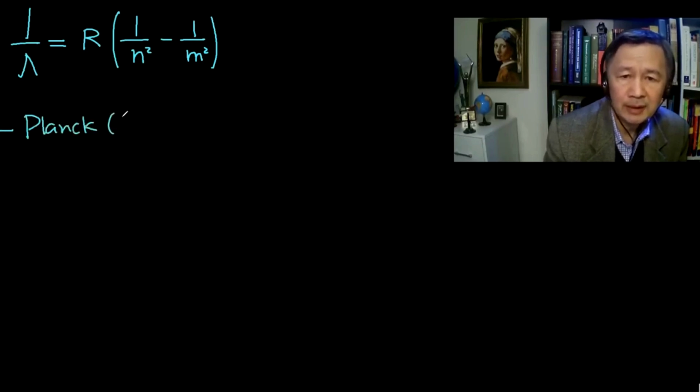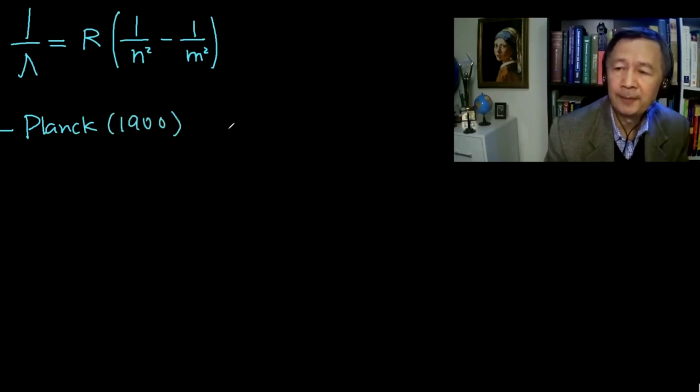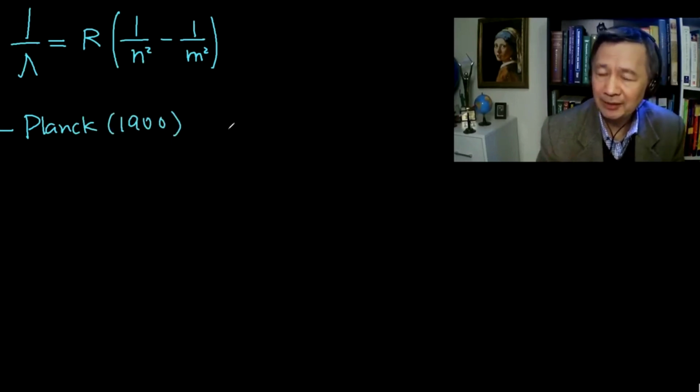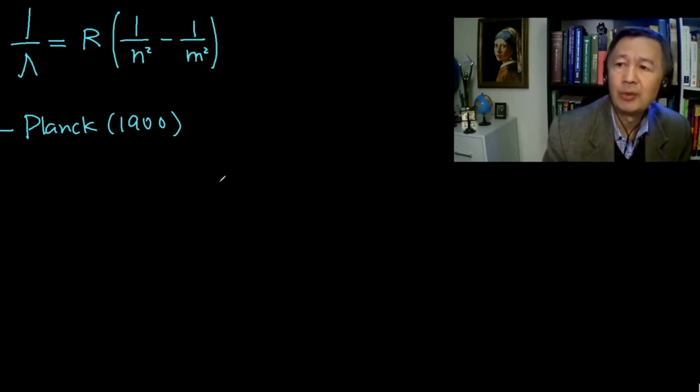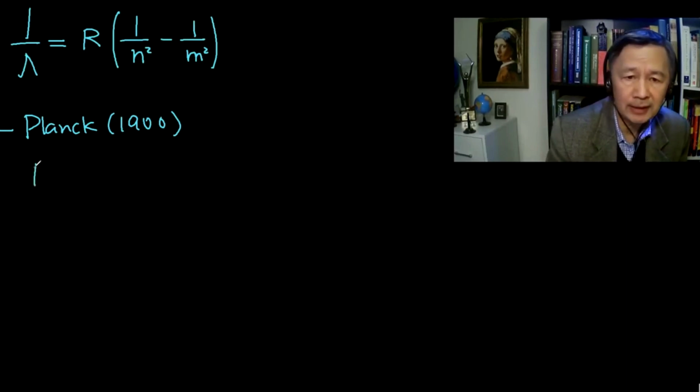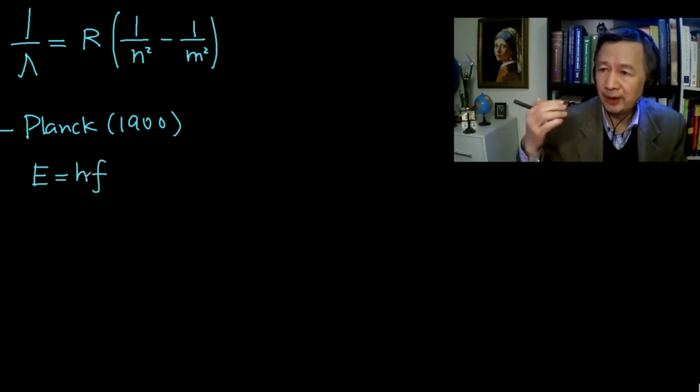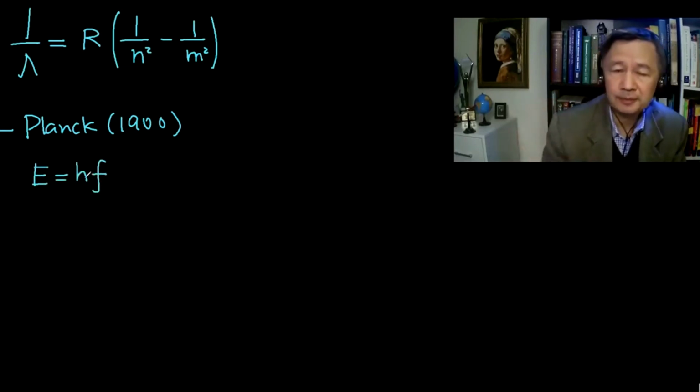Max Planck in 1900 proposed that we can describe electromagnetic radiation in terms of an energy quantum, or energy unit. Now we call it a photon. So the photon energy can be written as E equal to a constant multiplied by the frequency of the electromagnetic wave.